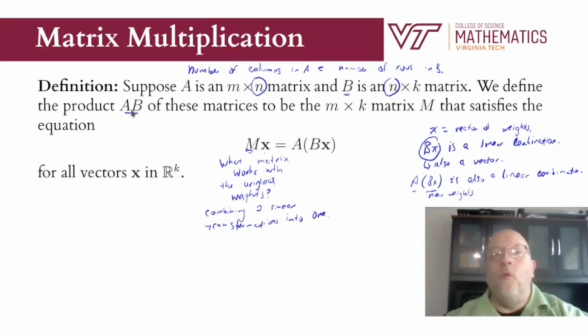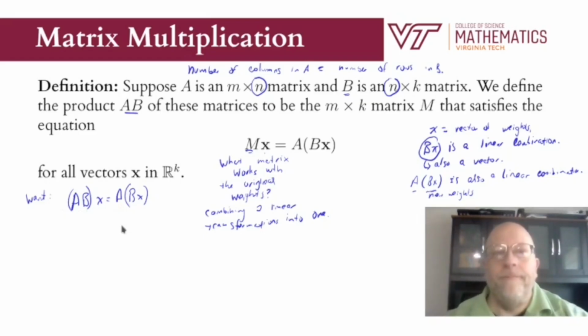And so when we figure that out, we're going to say that's the product AB, so that AB, that combined matrix times X, is equal to first taking BX and then taking A of that. That's what we want, so that we can move the parentheses around the way that we're used to in multiplication.